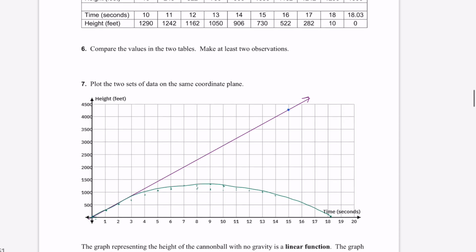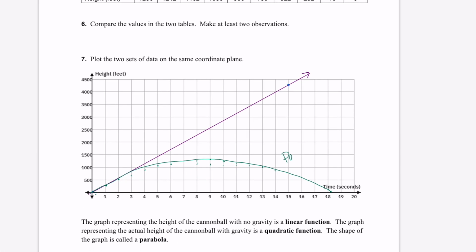This shape is called a parabola, or sometimes it's referred to as a quadratic. So it is the effect of gravity on an object, and it starts going up because of the velocity, but gravity pushes it down at the same time.